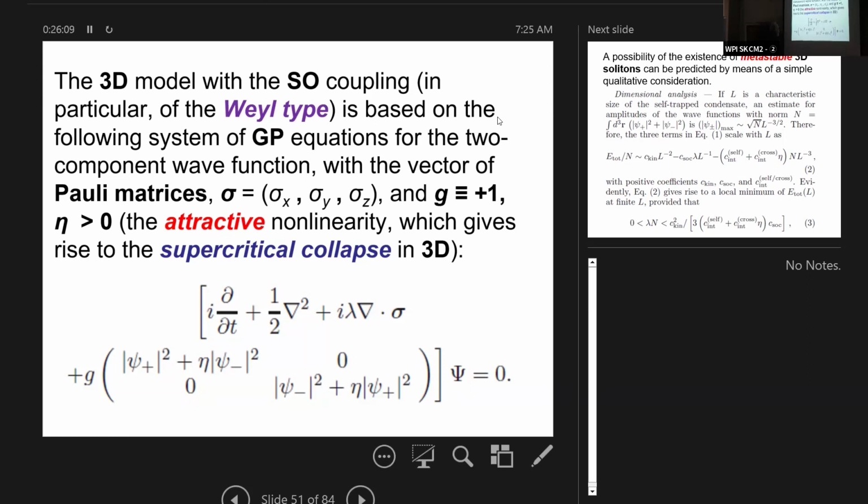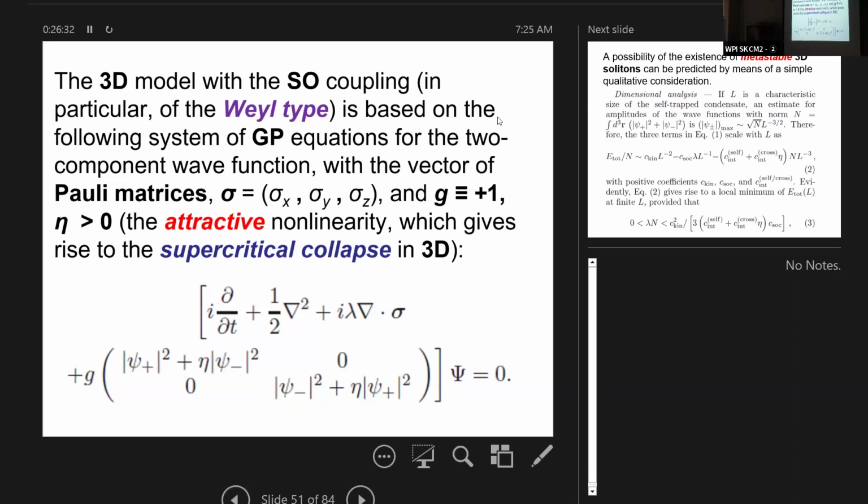It's not exactly the same as the so-called Rashba spin-orbit coupling, which we discussed previously. It's a so-called Weyl type of spin-orbit coupling, but it's rather similar. It's not qualitatively different. And then we have exactly the same nonlinearity. The only difference is that here the relative coefficient of the self-attraction is called not gamma, but eta.